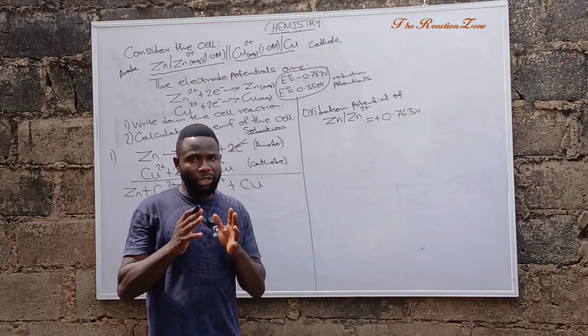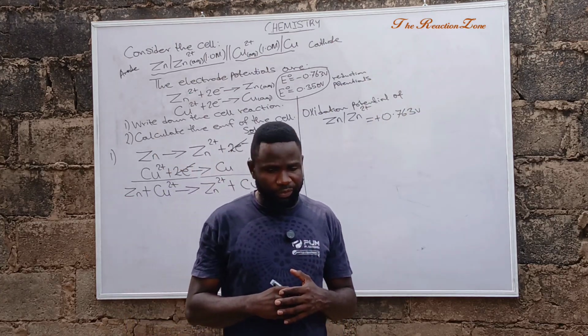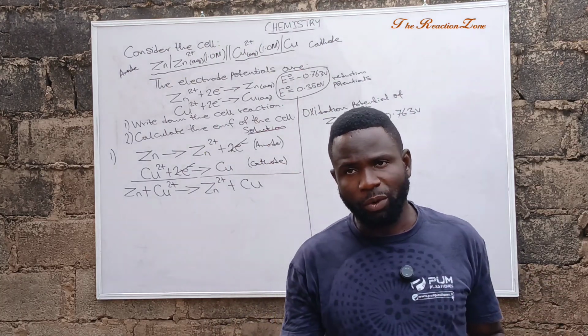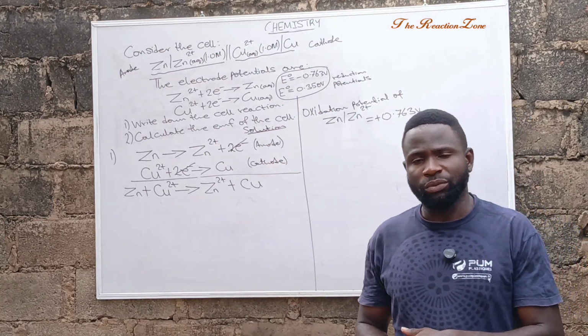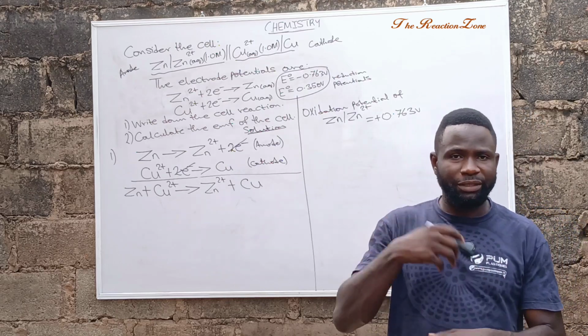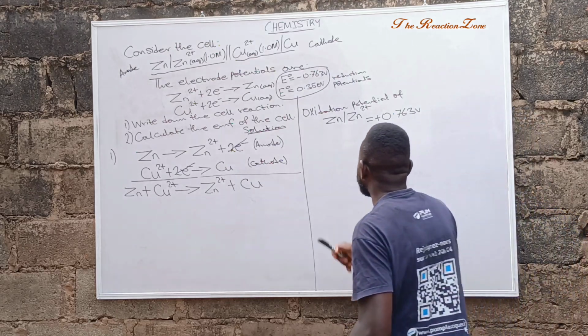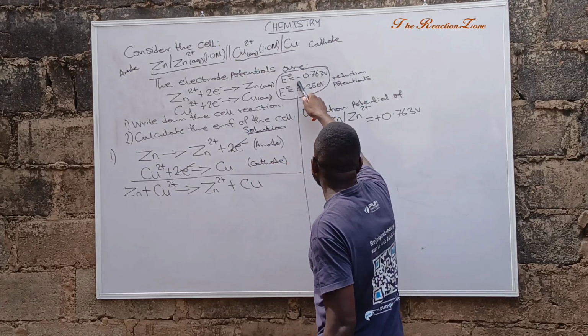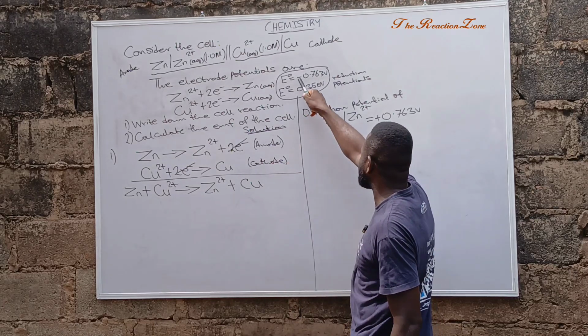So it's important to note at this point that if you are given the reduction potential of an electrode or for a half cell and you want to get the oxidation potential, just change the sign. So since the reduction potential is minus for zinc half cell, to get the oxidation potential, we'll simply change it from minus to plus.